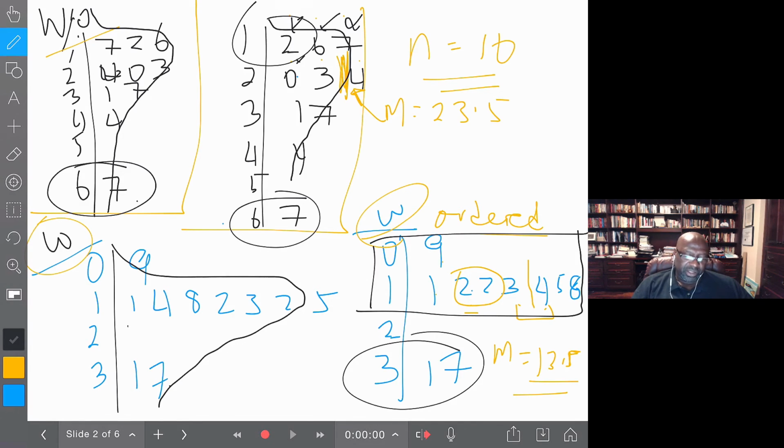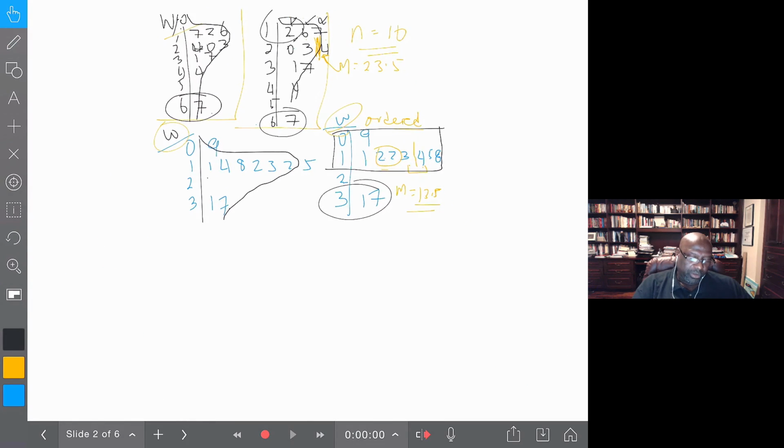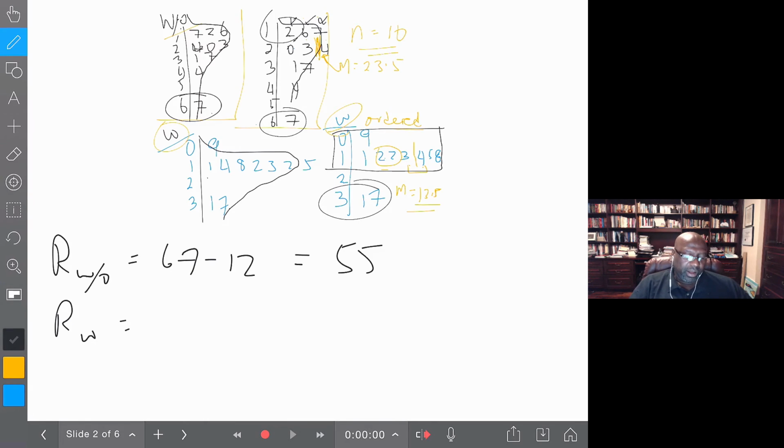So the range in this case would be 67 minus 12. So R for without is 67 minus 12, and that gives us 55. R for with, smallest value is 9, largest value is 37. 37 minus 9, and that gives us 28.